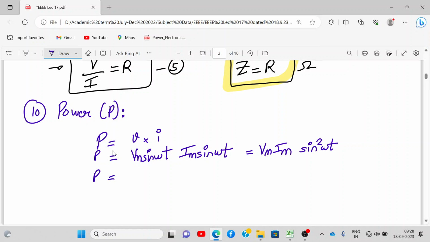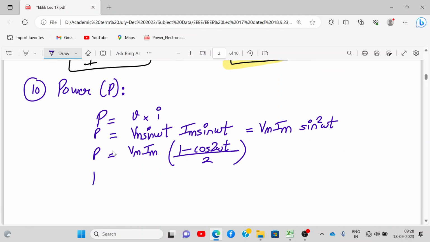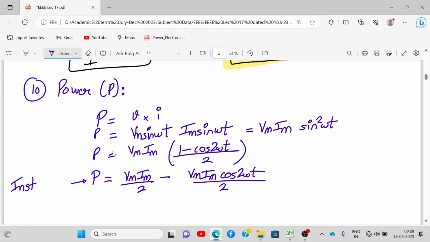Sin square omega t, can I write it as 1 minus cos 2 omega t divided by 2? And I can separate out this power. So power will be Vm Im by 2 minus Vm Im cos 2 omega t by 2. This is called instantaneous power.